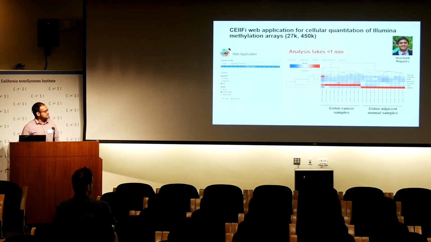Within less than a minute, we'll give you the actual estimates for all your different cell types. This example shows colon cancer samples, either cancer or adjacent normal, and you can see that the tumor cell count is higher in the cancer samples than the adjacent normal.